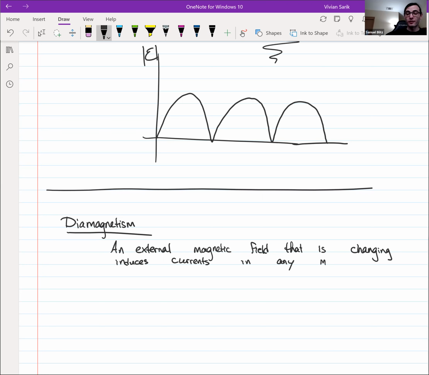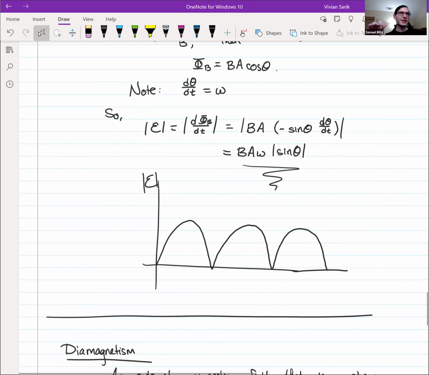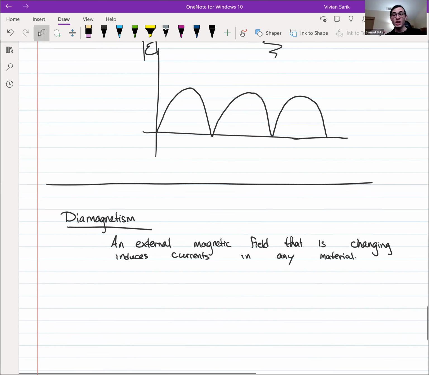It's actually literally every type of material. And it induces eddy currents for the reason that we just talked about. Those eddy currents, like the eddy current that we talked about in the generator example, are induced in a direction to oppose the change in the magnetic field.